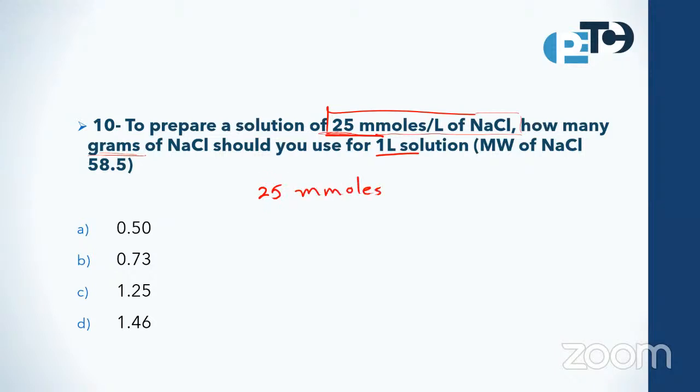The first step is applying the formula that says millimoles equal the weight in milligrams over the molecular weight. Then we can get the weight needed in milligrams. We just multiply the millimoles, 25, by 58.5.